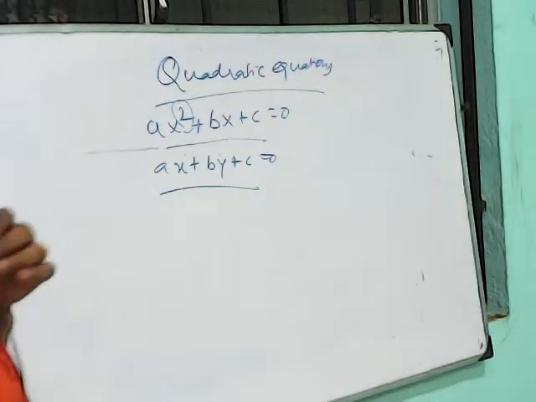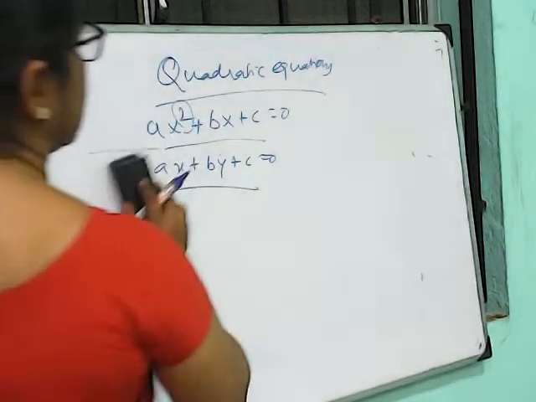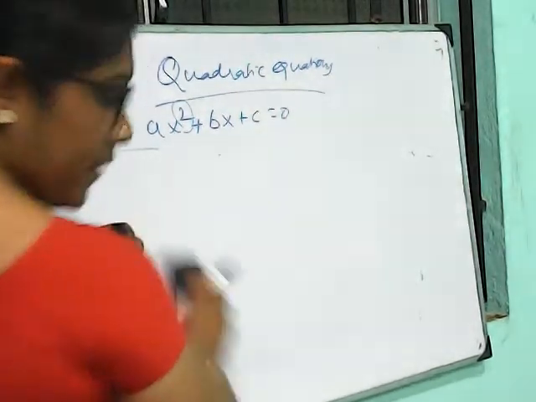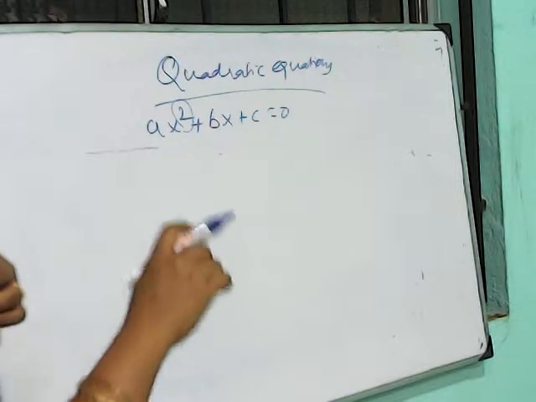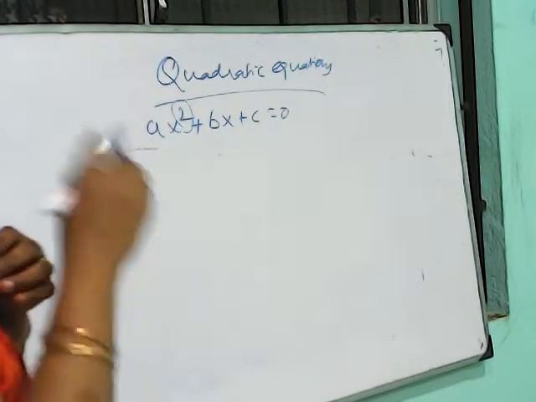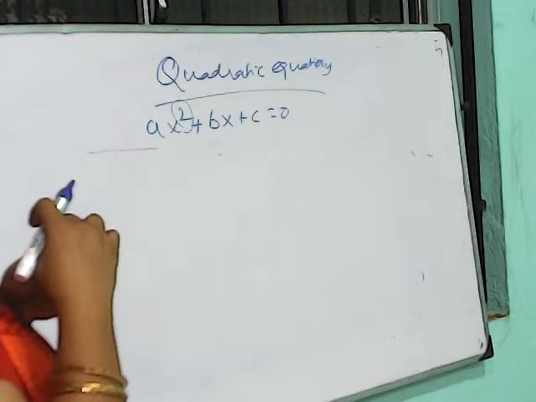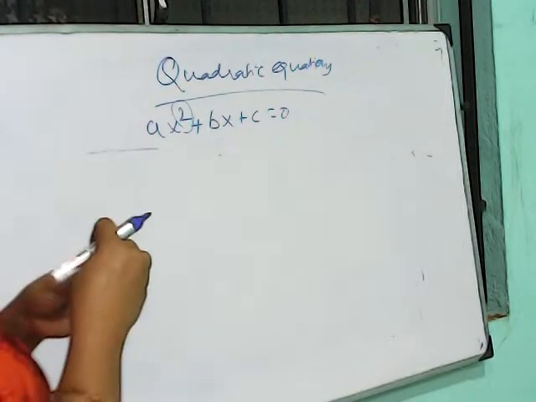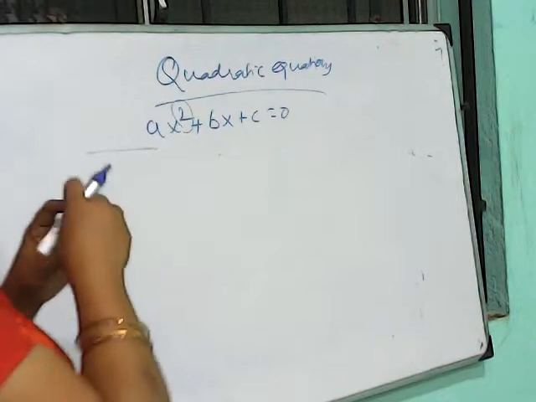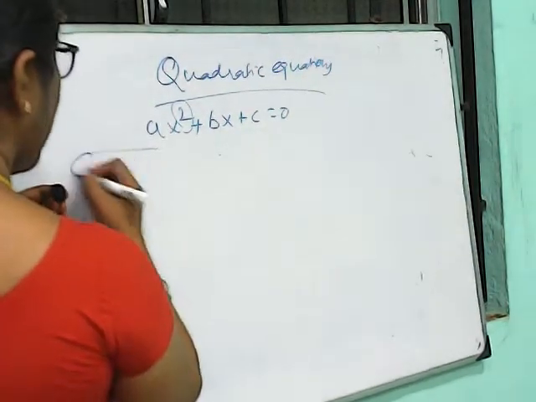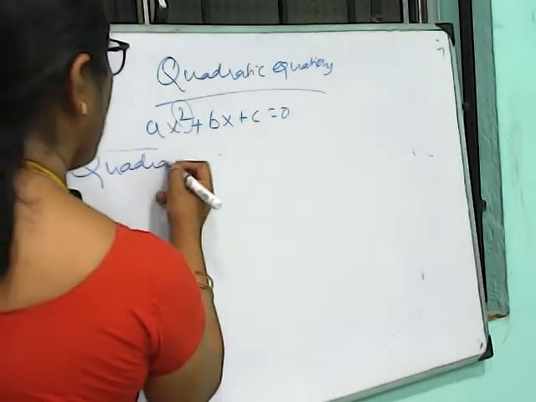That's all. Okay, nothing big. So in quadratic equations, you have to see the nature of the roots and solving for x using the quadratic formula. First we will see the quadratic formula. What is the quadratic formula here?